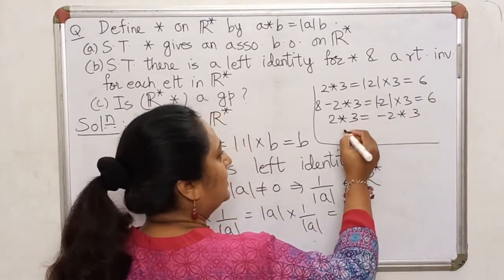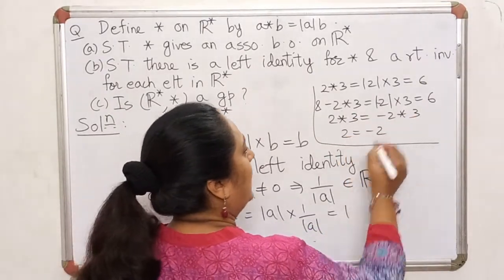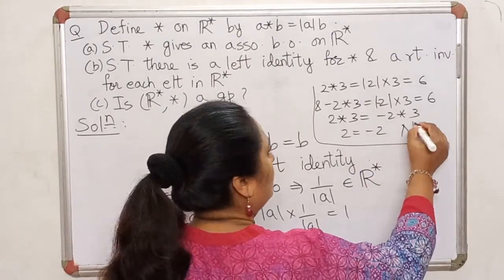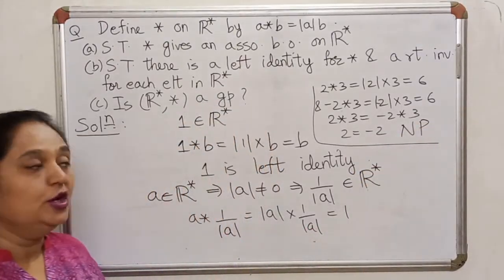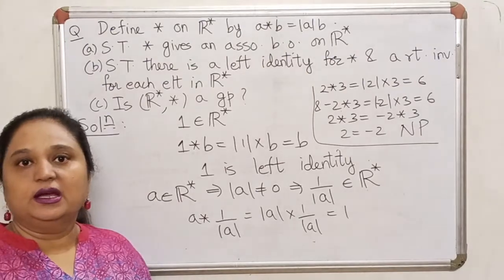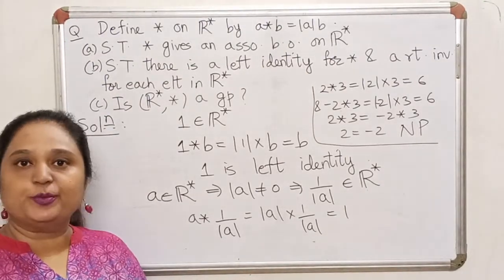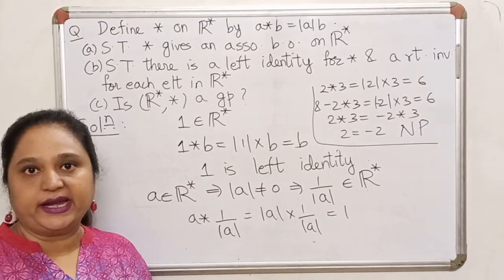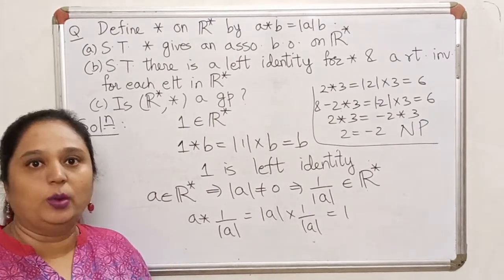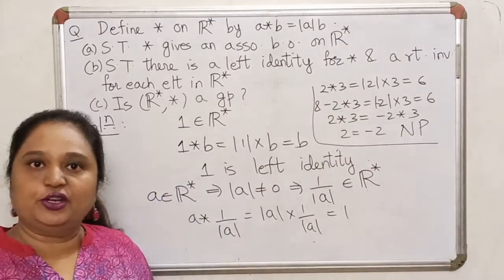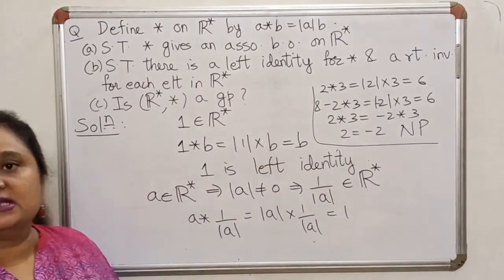However, if I cancel this 3 from both sides, I'll get 2 equal to minus 2, which is not possible. So this tells me that the right cancellation law does not work. And if it has to be a group, both left as well as right cancellations just have to work. So if the right cancellation law does not work, it means that this is not a group.